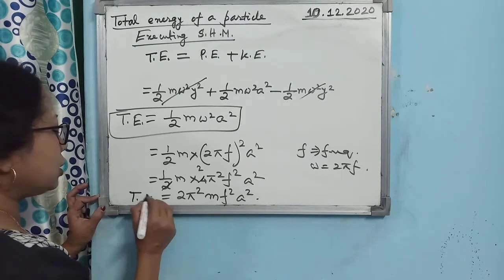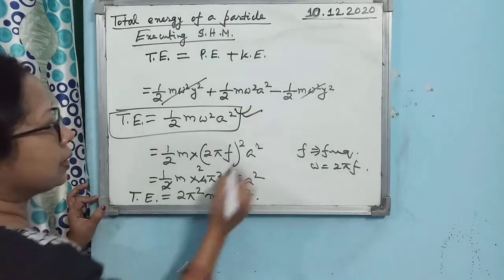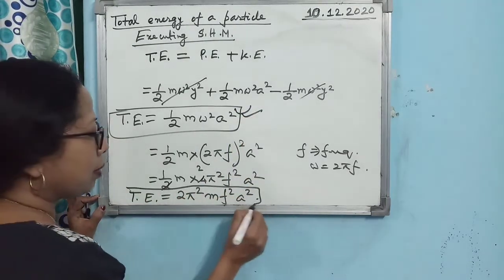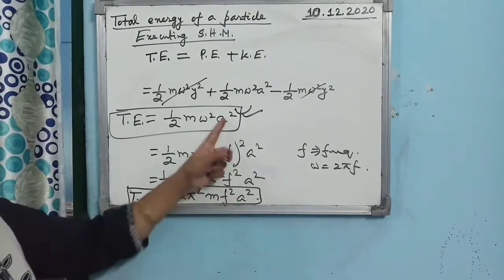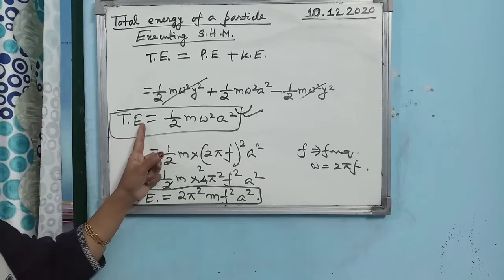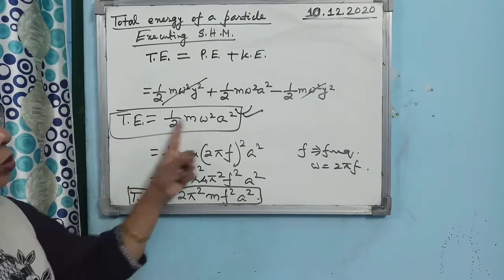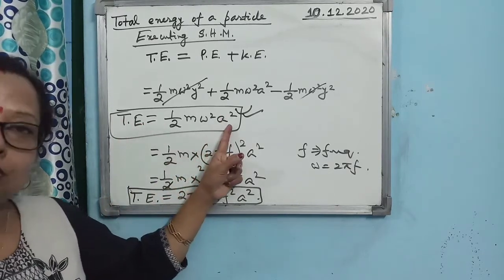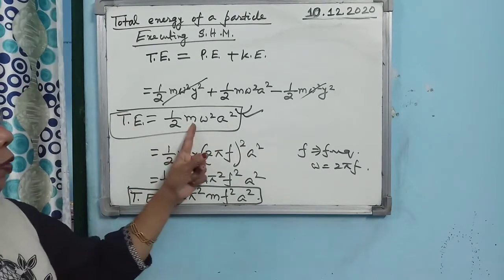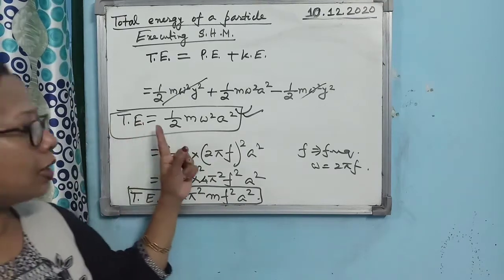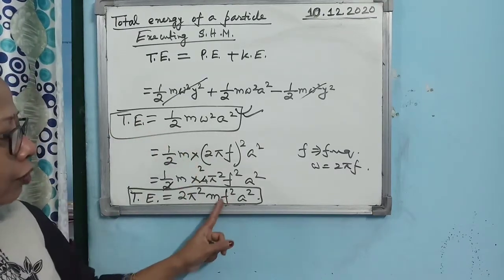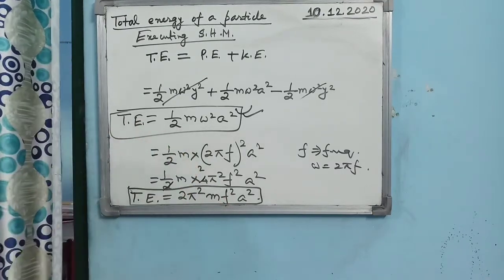So for the total energy of the particle, either you remember this relation or you can remember that relation. From both relations it is clear that total energy is directly proportional to the square of the amplitude, directly proportional to the mass of the particle, and directly proportional to the square of the frequency of oscillation.